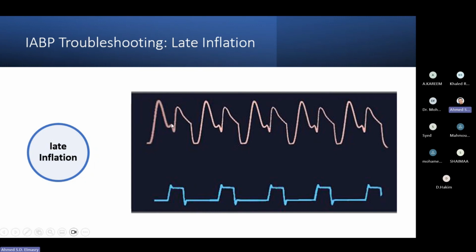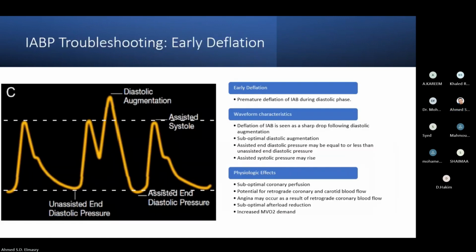So the notch here is wide, and the dicrotic notch is here, but the inflation point is here, and the diastolic augmentation is less than the unassisted systolic pressure. And this will lead to suboptimal coronary perfusion. Going to the next timing abnormality, which is the early deflation.